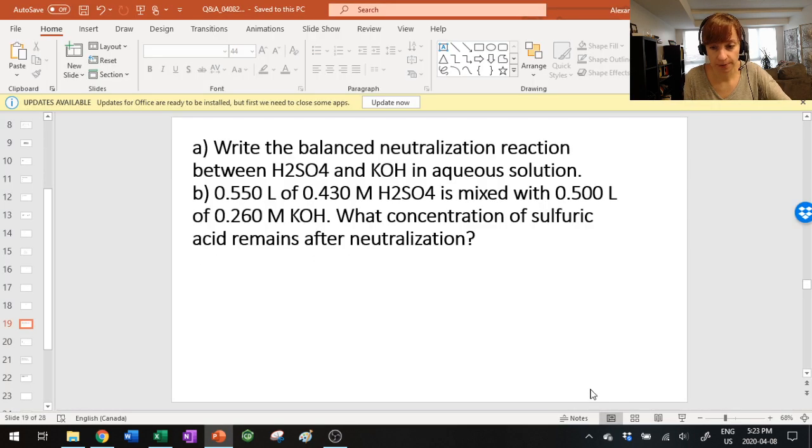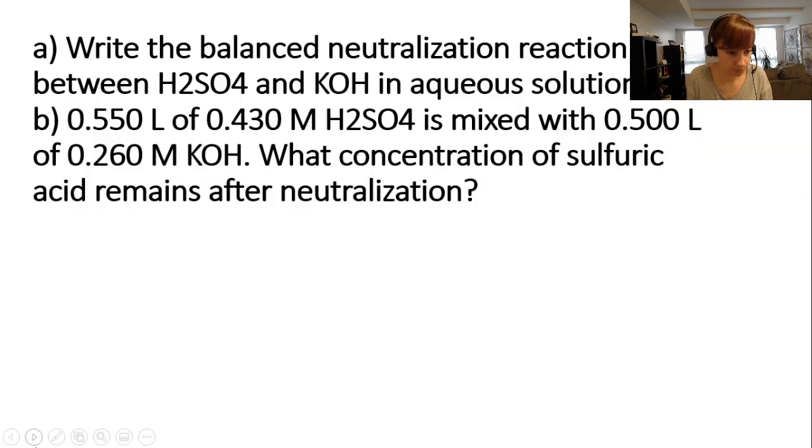So it's a little bit more heavy on the math for this question. So we'll take it one part at a time. So we need to write a balanced neutralization equation. So starting with H2SO4. It said phases were optional, but I'm going to write them out anyway.